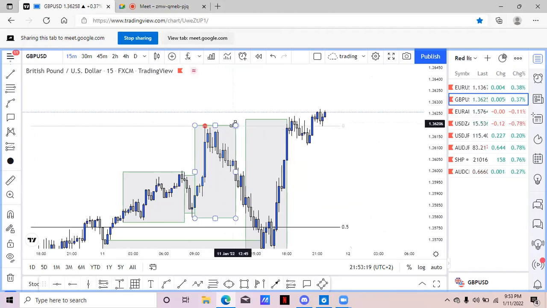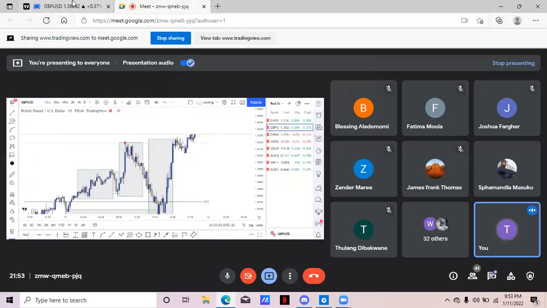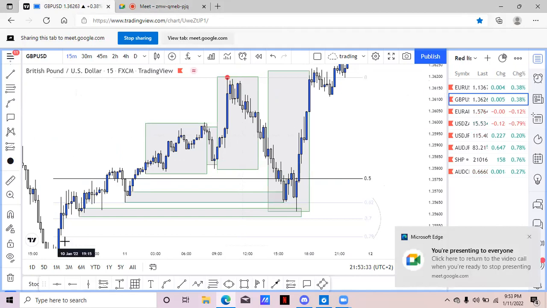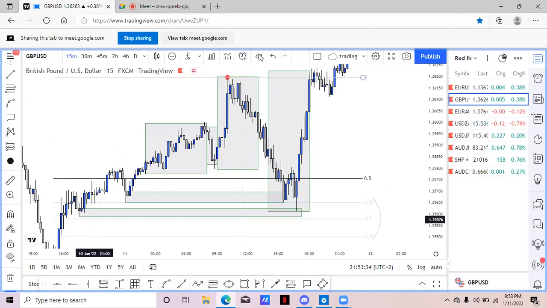Today's high, previous daily low, or previous daily high, today's low. So you get a point. That's how you do that.